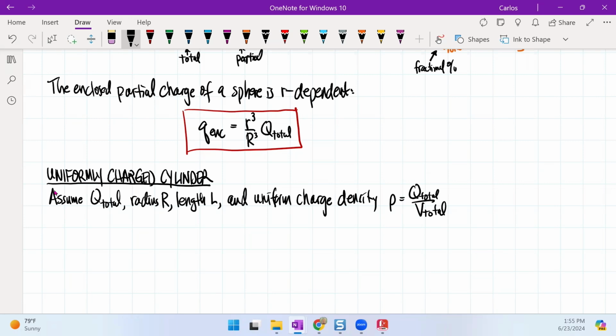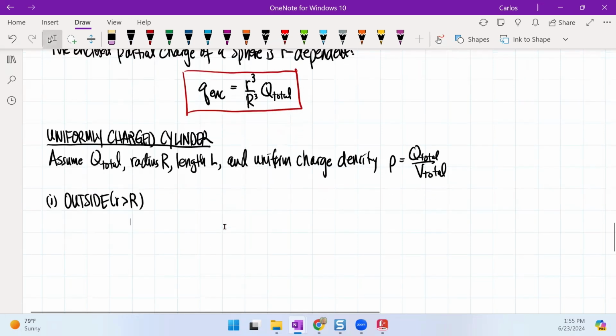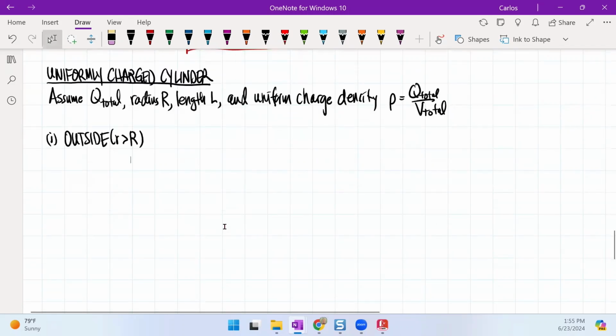So let's go here. For the first case, we're going to go outside the cylinder, where I picked my Gaussian bigger than that, which encloses all of the line. Now, we've got to be careful with this. This is a tricky one.